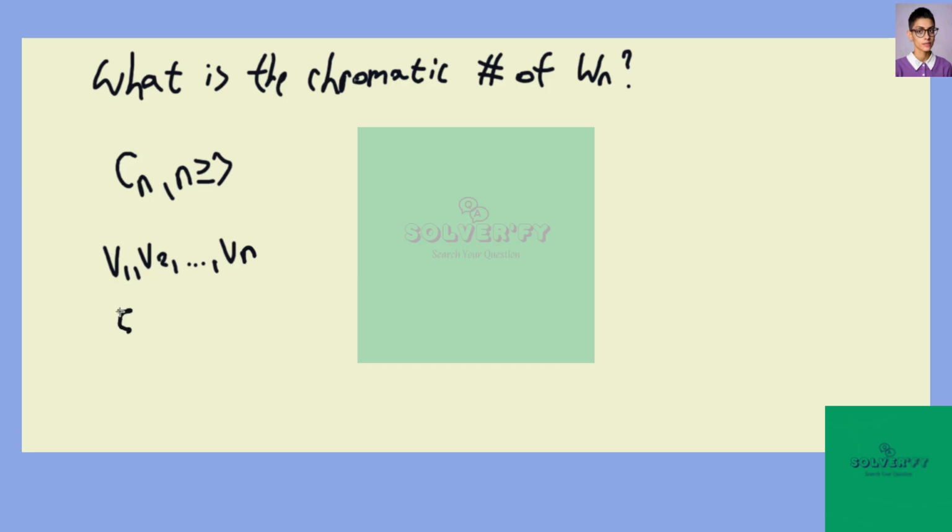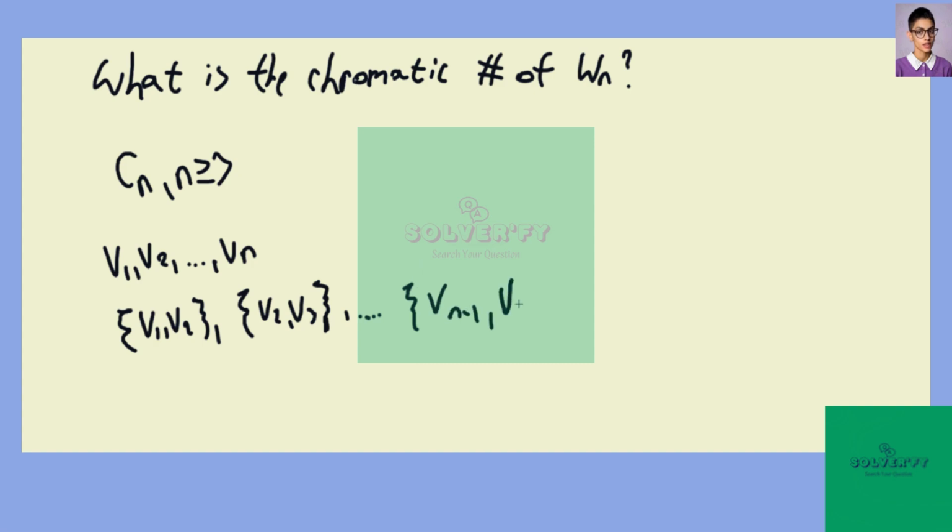We have the set of edges V1 V2, V2 V3, up to V sub n minus 1 V sub n.